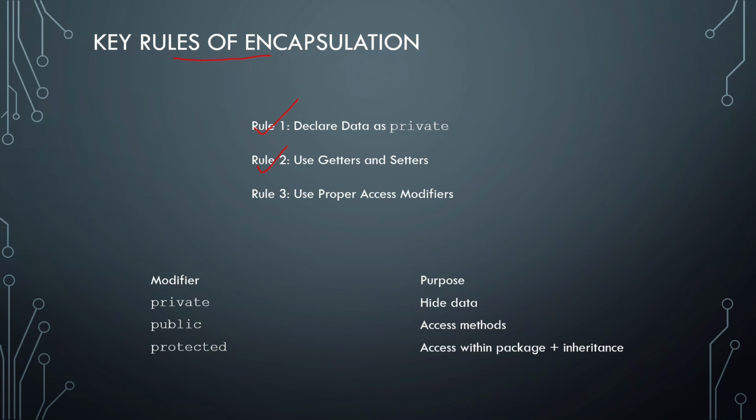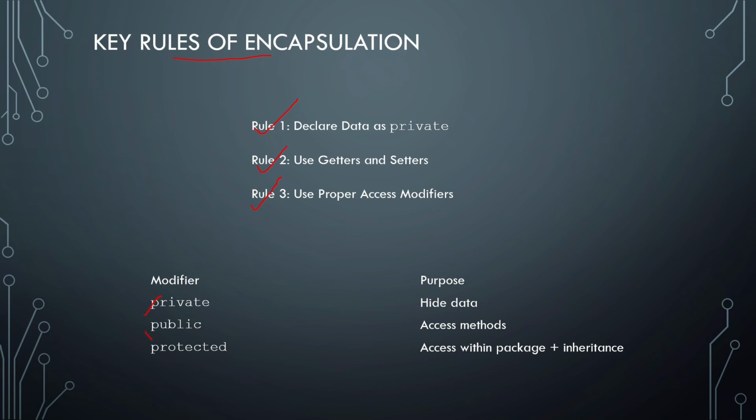And the third rule is use proper access modifiers. Access modifiers define who can access the data and methods inside the class. Now let's understand the purpose of each access modifier. First one is private. The purpose of private is to hide the data. Variables declared as private can only be accessed inside the same class.